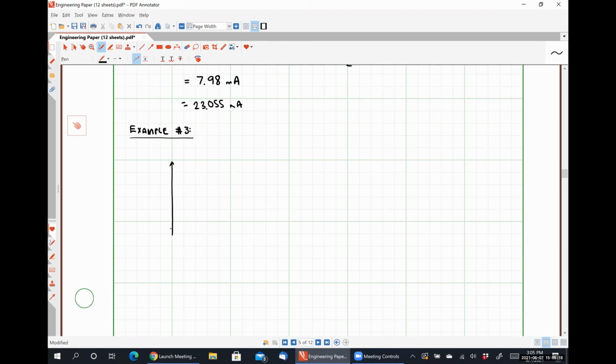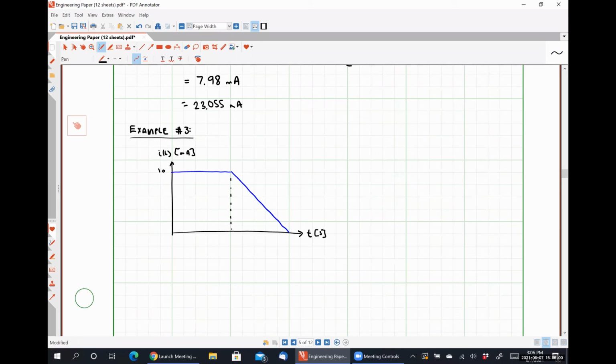On my vertical axis is my current as a function of time measured in milliamps, and on my horizontal axis is time measured in seconds. I have a waveform that looks something like this, where this value corresponds to 10 milliamps.